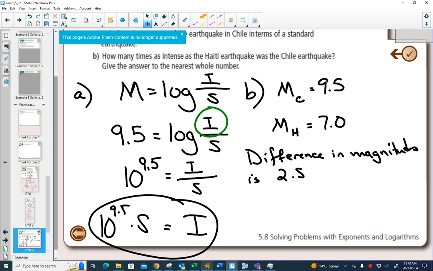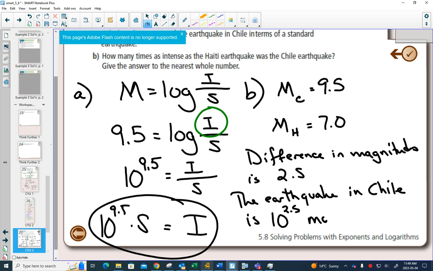You see that the difference in the magnitudes is 2.5. If you know that each time earthquakes go up by 1 it's times 10, that tells us the earthquake in Chile is 10 to the exponent of 2.5 times more intense. And that's how easy earthquake questions are.